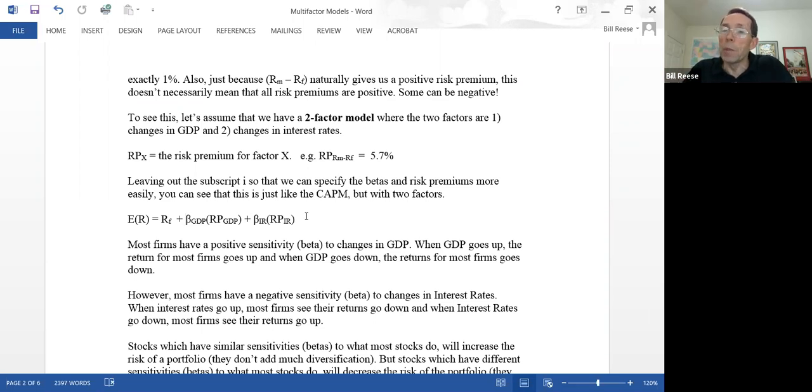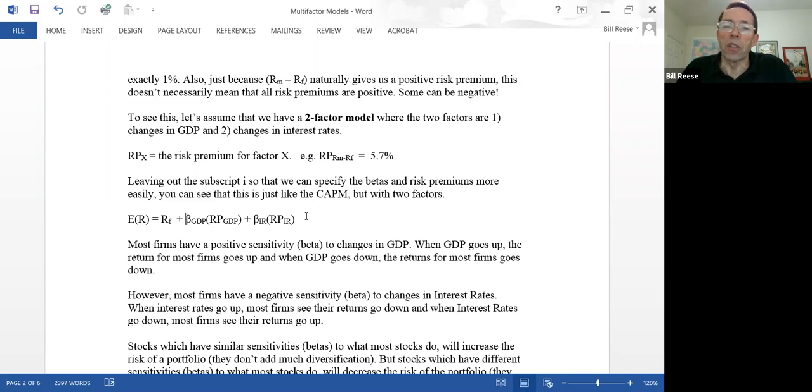The risk premium for GDP is going to be the extra return you get for taking on the risk of GDP, and the risk premium for the interest rates works the same way. But it's going to be a little bit different. Sometimes these risk premiums will be positive, and sometimes they can actually be negative. In fact, I think for interest rates we'll see a negative risk premium.